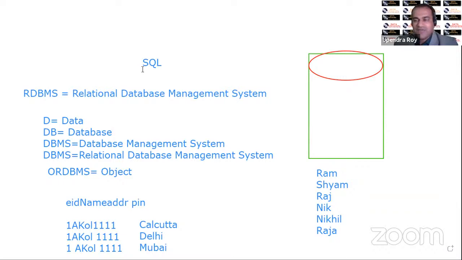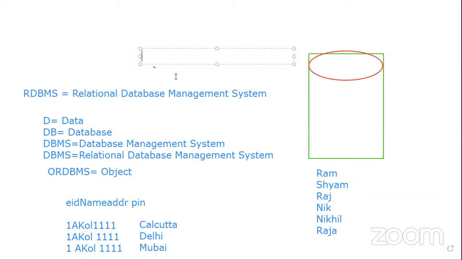Make sense? Why are we learning Oracle SQL? Now, if somebody asks us what is SQL, are we in a position to at least explain it in a normal, simple, basic way? Yes, sir.